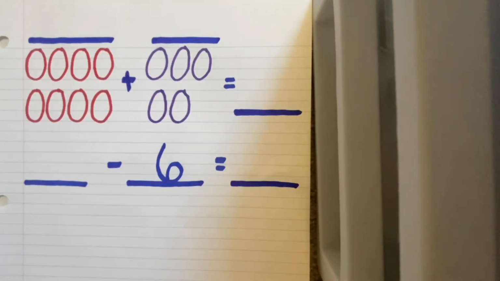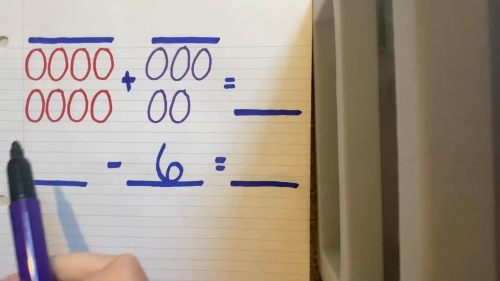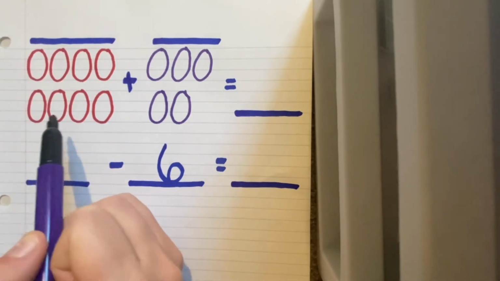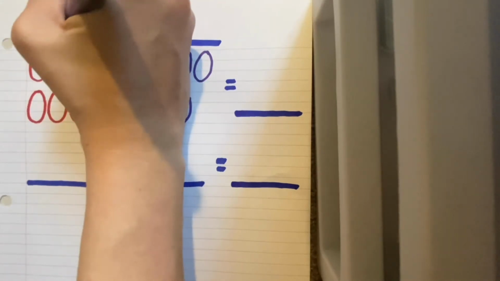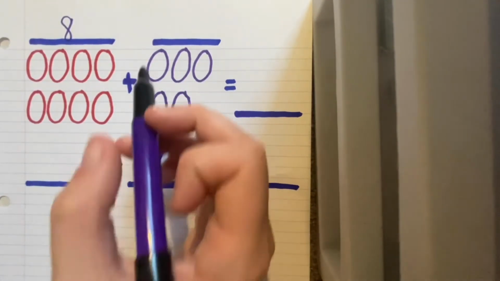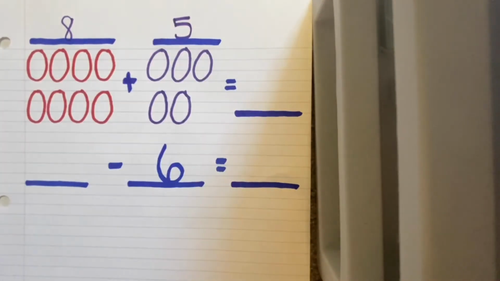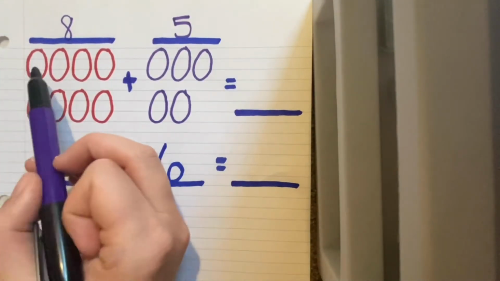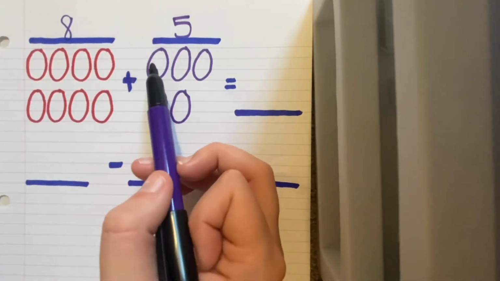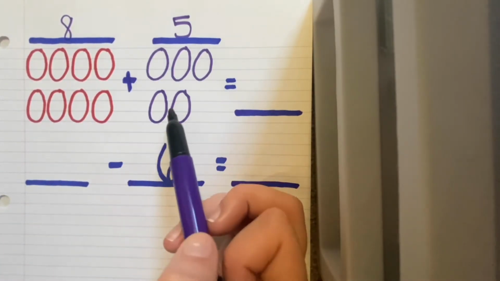Let's try another. In this problem, you can see that we're working with circles. We have 1, 2, 3, 4, 5, 6, 7, 8 red circles. We have 1, 2, 3, 4, 5 purple circles. If we add them together, we have 1, 2, 3, 4, 5, 6, 7, 8, 9, 10, 11, 12, 13.